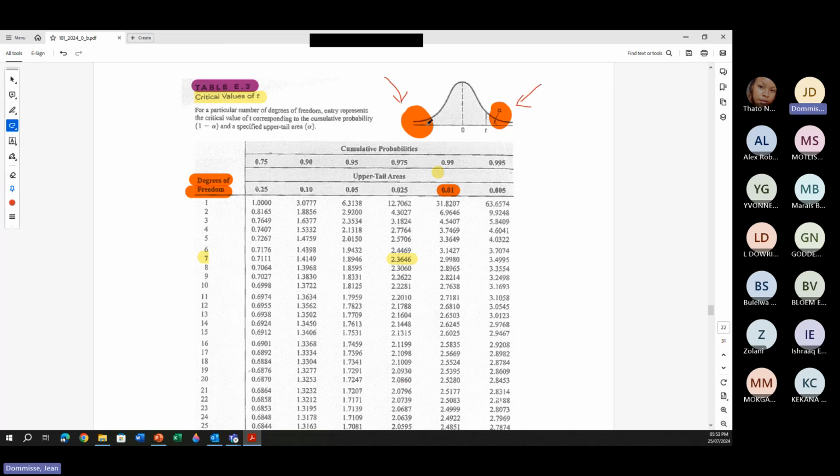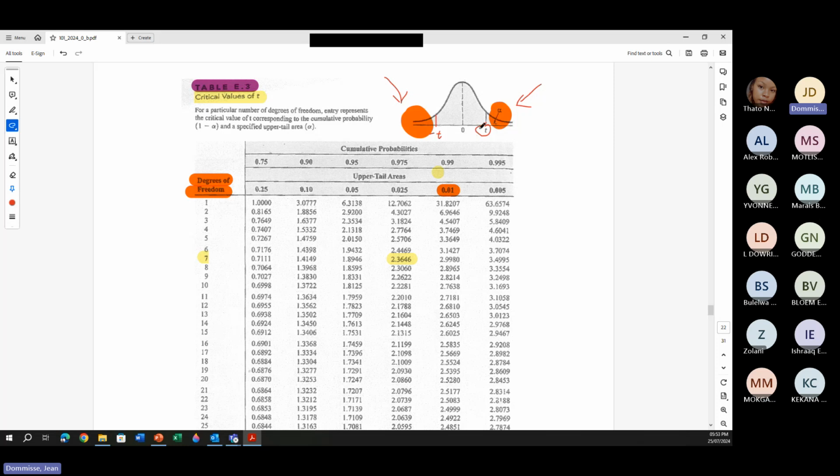So when we look at lower tail, whatever the t is on the right hand side, which is positive, on the left hand side it will just be minus t, just like we did with the z. Exactly the same how we will interpret the t as well.